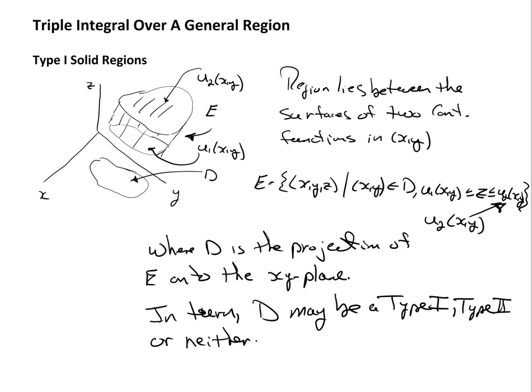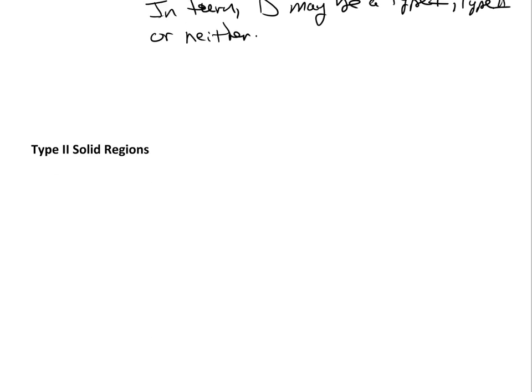Now, a type 2 solid region is the exact same idea. Let's see if I can draw this, but the projection is simply on a different plane. So I'm going to draw it at an angle like this. Here's y, x, z.